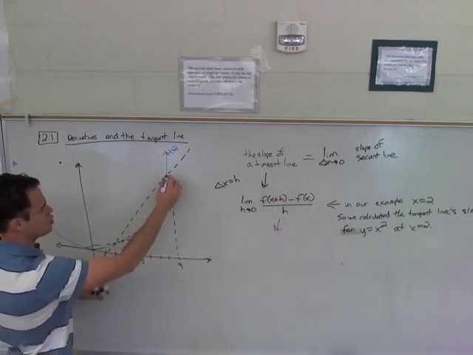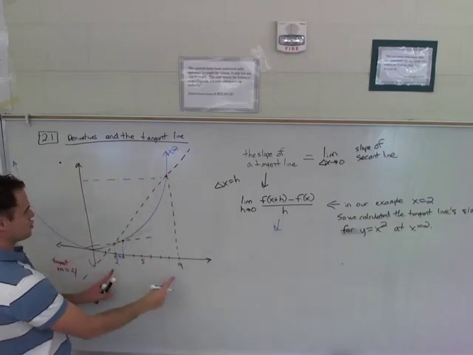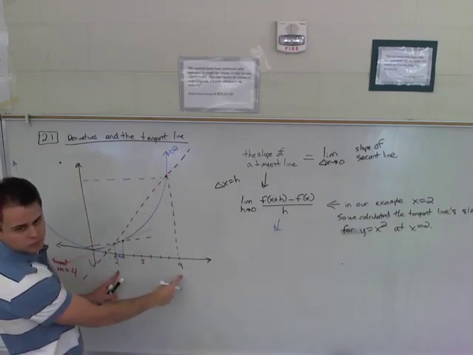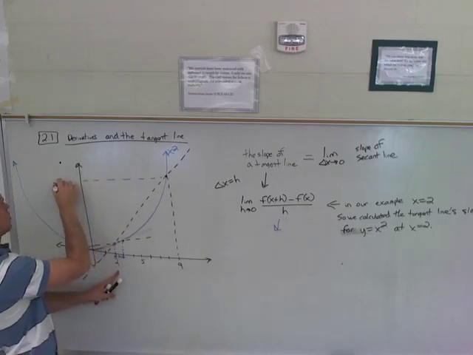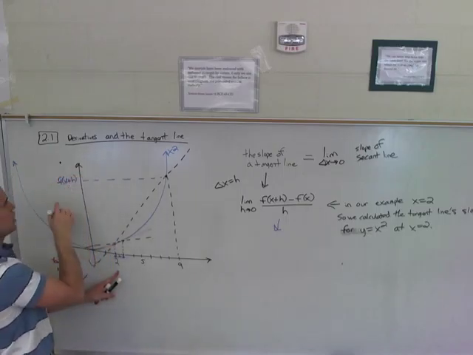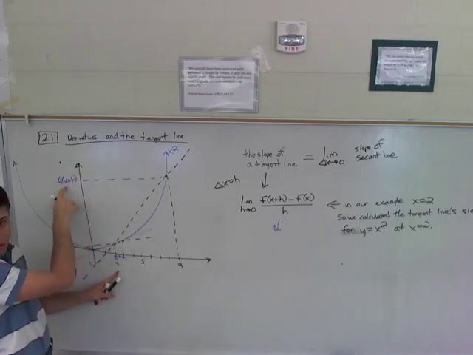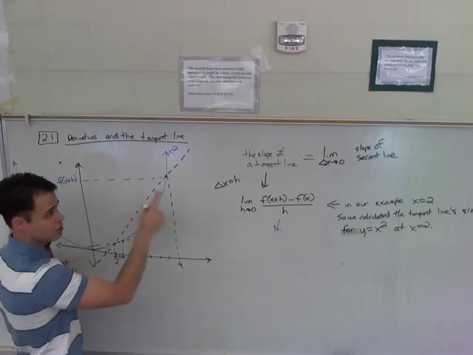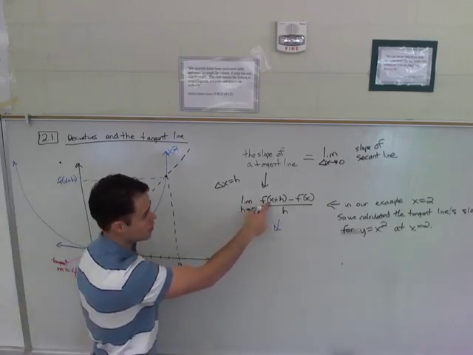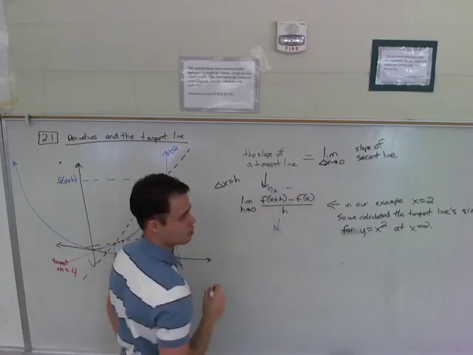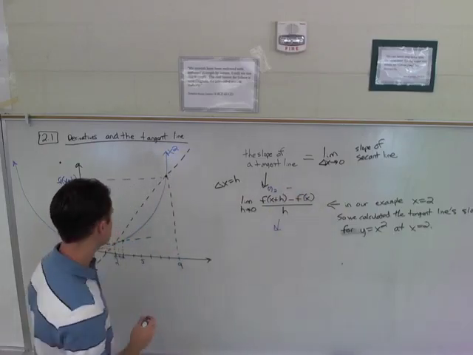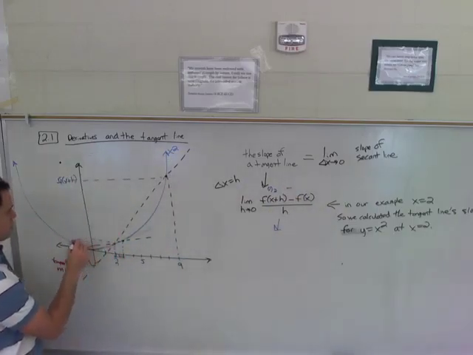Let's look at the original 2 points. When h was 7, this was f of x plus h. x was 2, and h was 7. That's the first y value. That's like y2. f of x was right here.